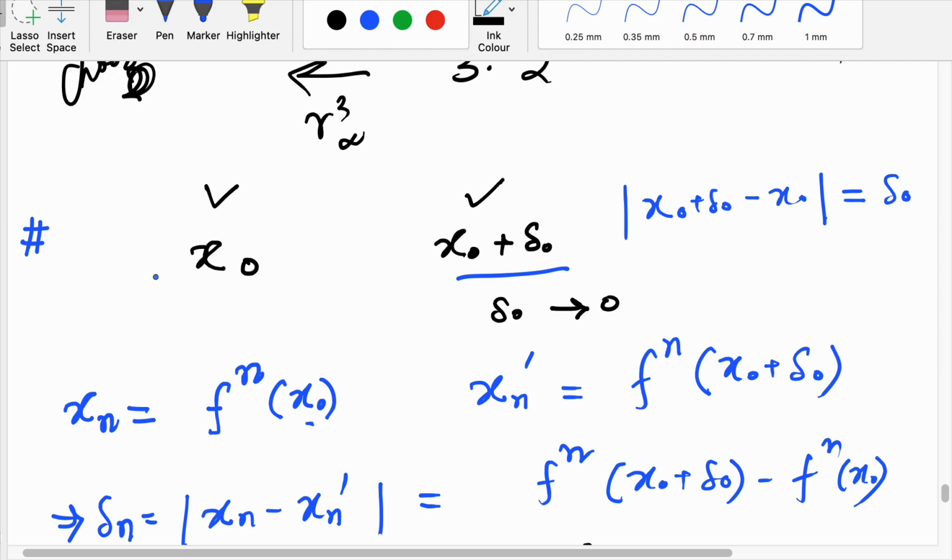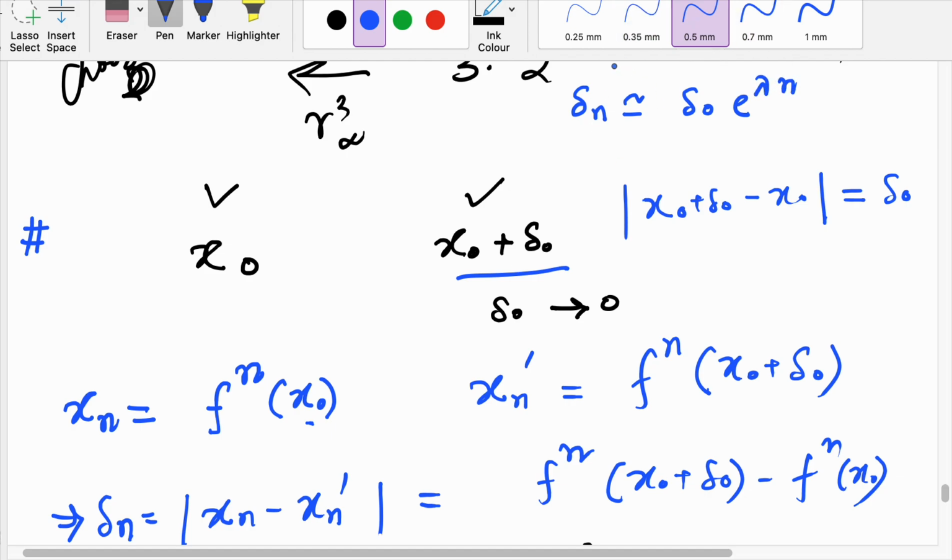If we assume that these two initial conditions go away from one another exponentially with time, that means with iteration, then we can suppose that delta n is equal to delta 0 exponential to the power lambda n.